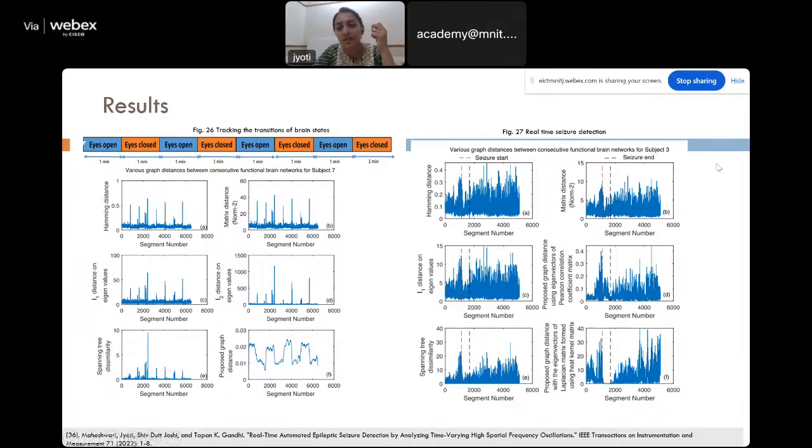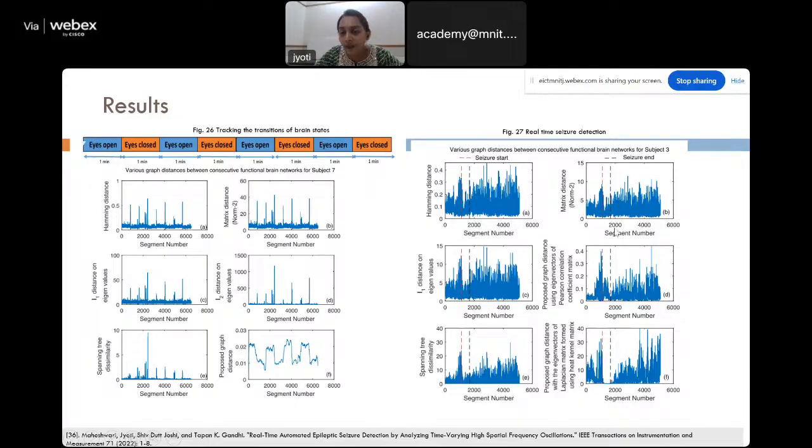And in the case of seizure, if you look at the existing graph distances, Hamming distance, matrix distance, the edge-weight matrices are similar. Up to edge-weight matrices, everything is similar. After the edge-weight matrices, what similarity measure between two networks you use also plays a crucial role. Once you have framed the correlation coefficient matrix or heat kernel matrix, and then find the Hamming distance between two networks, we are not able to track the seizure onset.